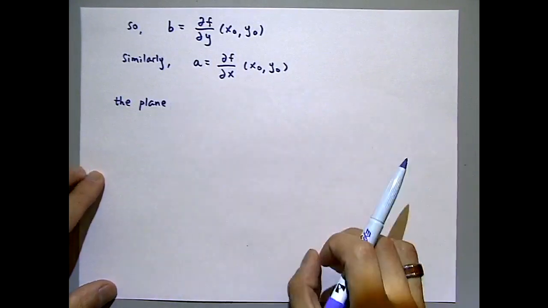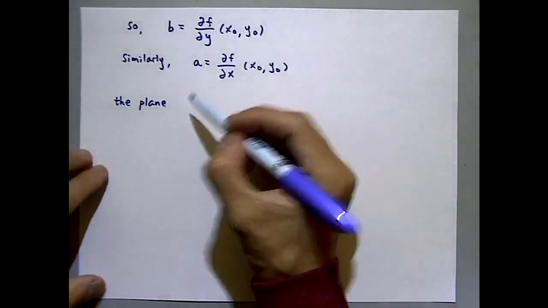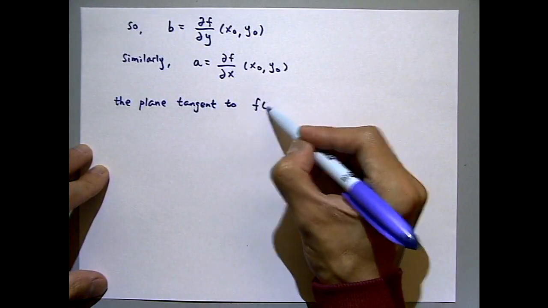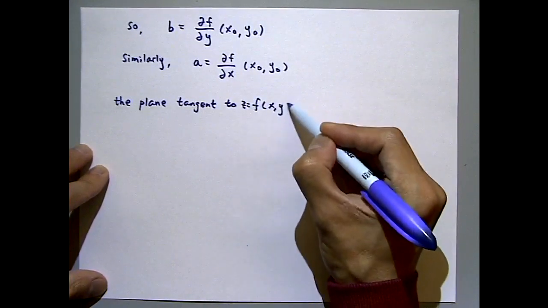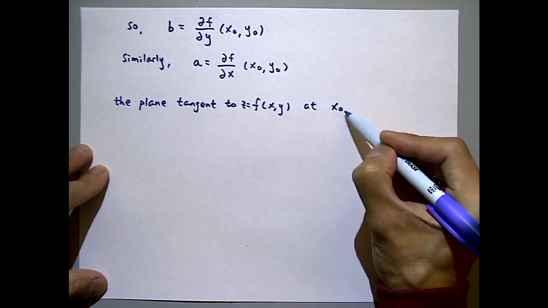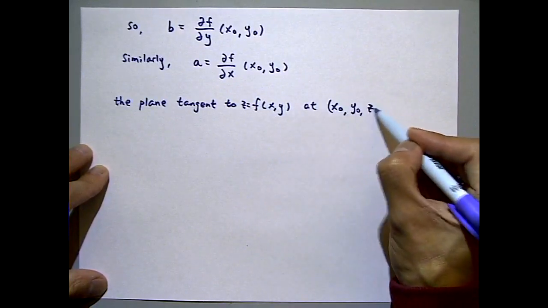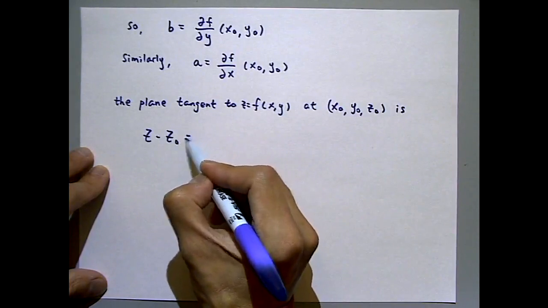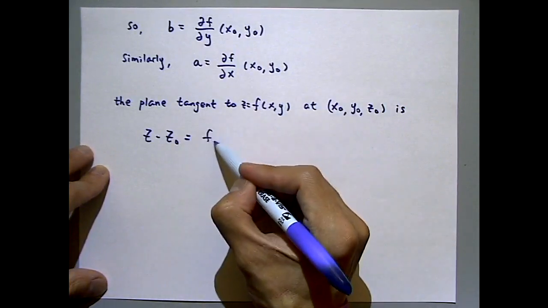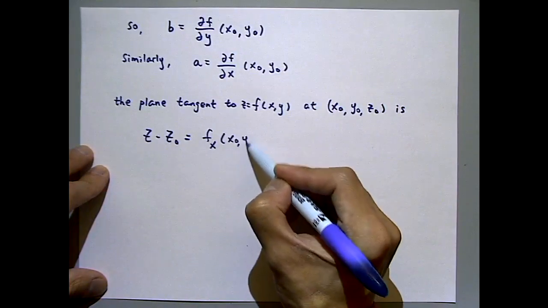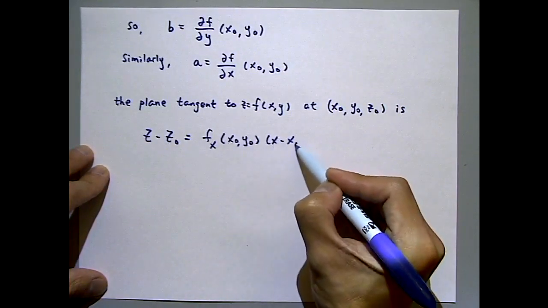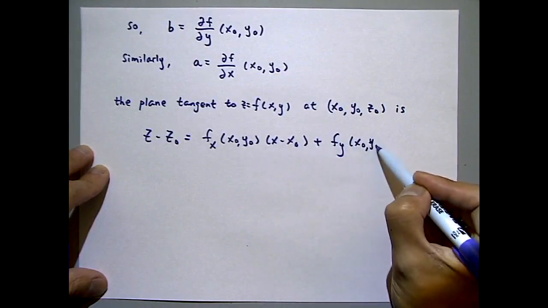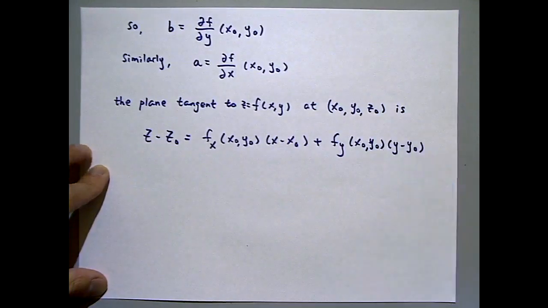So the conclusion here with what we just did: the plane tangent to z equal to f of x comma y at x0, y0, z0 is, there we go, this equation.